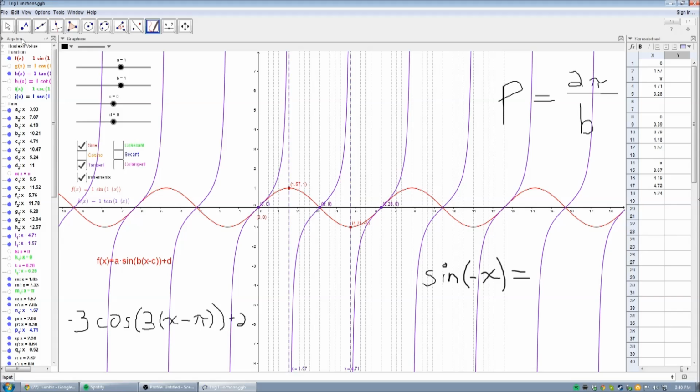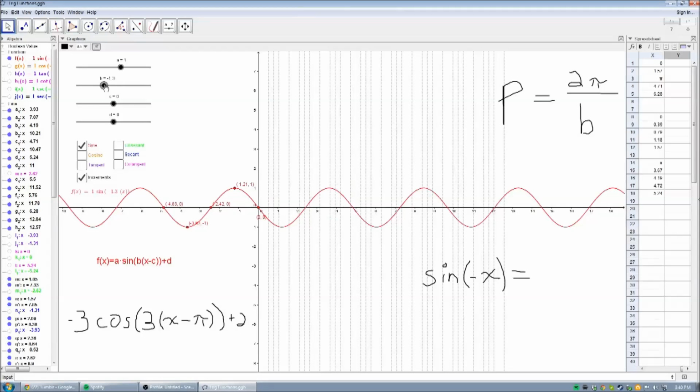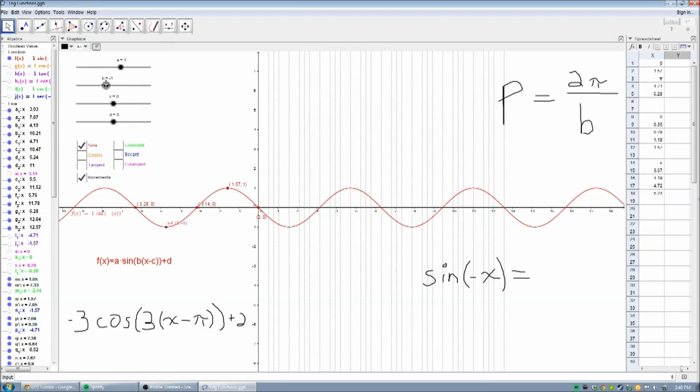We'll turn off tangent here. The sine of negative x is going to be the exact same as the negative sine of x.